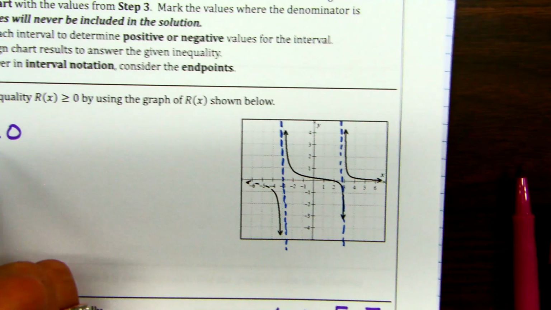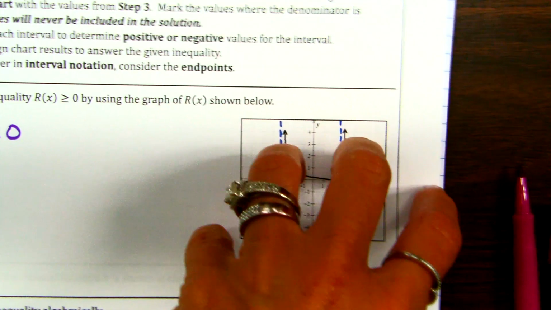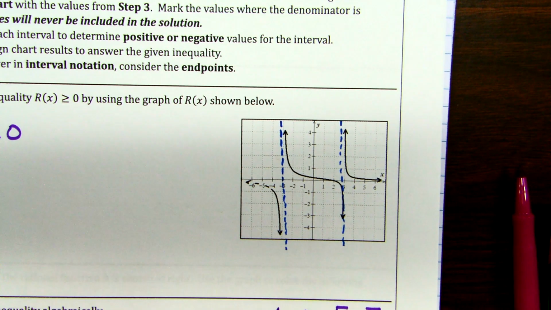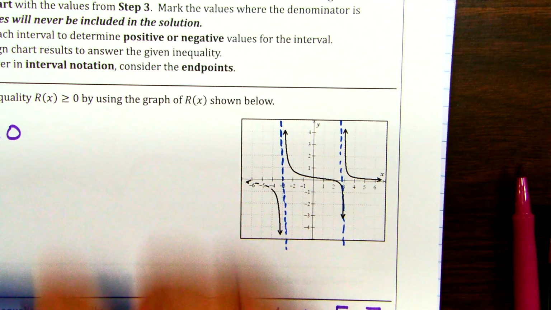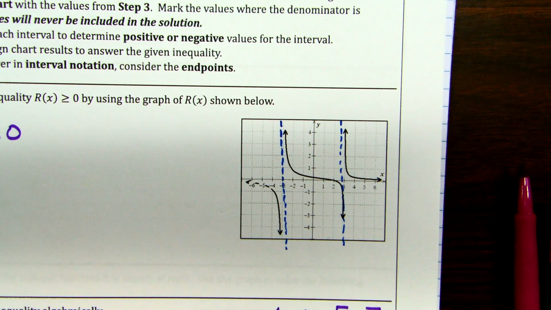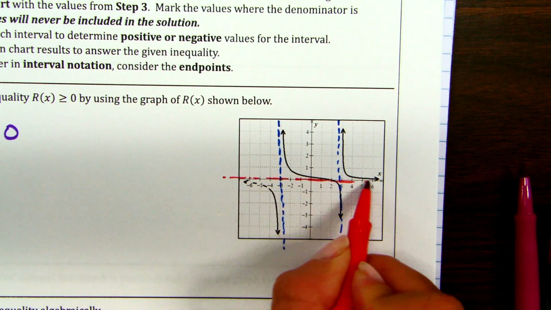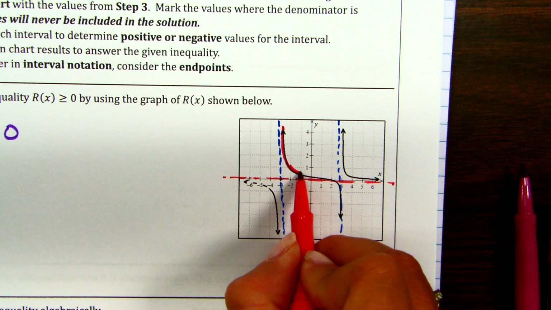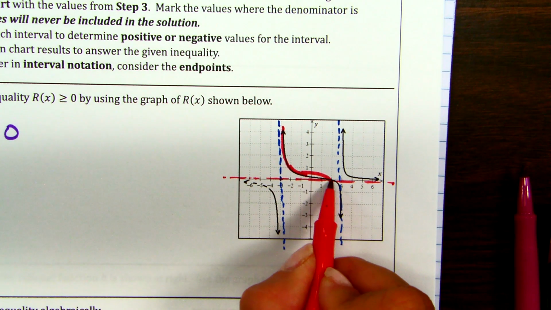And what this is asking for, guys, is where is this graph, which is right here, greater than or equal to 0. So there's nothing to the left of that asymptote. We're below 0. All of our points are below 0. In the middle, though, you can see we are greater than 0. This is 0 right here, right? We are greater than 0 or equal to 0 all the way to 2, right?